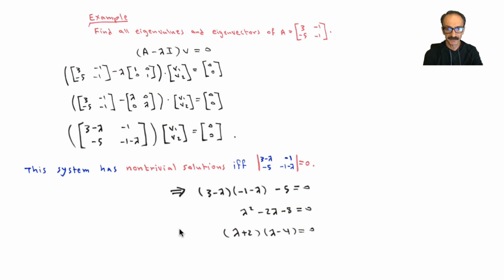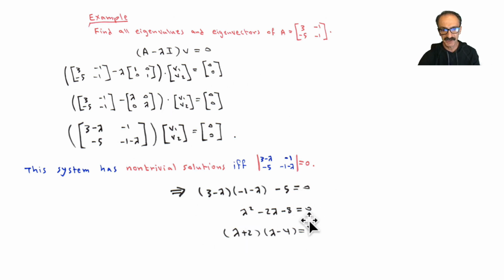So I have two lambdas. It says right here, find all eigenvalues and eigenvectors of A. We found two lambdas. So we're going to take our time step by step for each lambda.